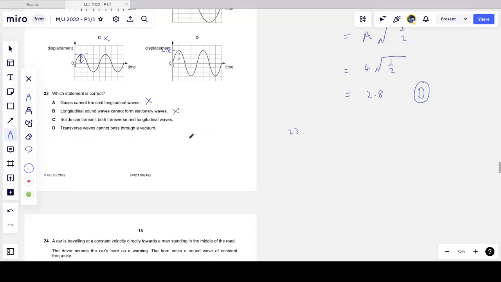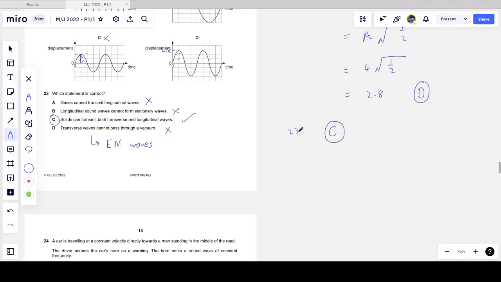The first two are incorrect. The fourth one is also incorrect because it says transverse waves cannot pass through a vacuum. But that's not true, because electromagnetic waves are transverse waves and they pass through a vacuum. And so what is correct is option C. Solids can transmit both transverse and longitudinal waves. So my apologies, but the correct answer there is C.